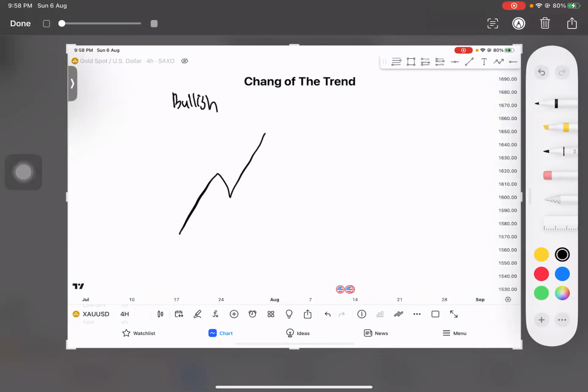So you have the uptrend. Let me mark it first. High, low, higher high, low, higher high. So right now this is a low only. If it didn't manage to break out the previous higher high, this will become a weak low.